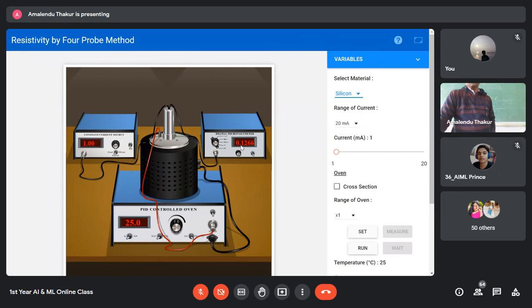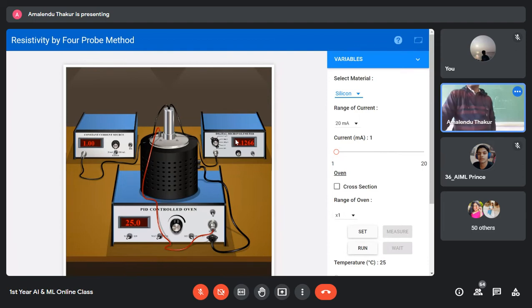Because here two different setups are given. One shows the current and the other shows the voltage. Voltage will change with temperature change. That's why here two separate setups are given, but practically everything is included in one setup.